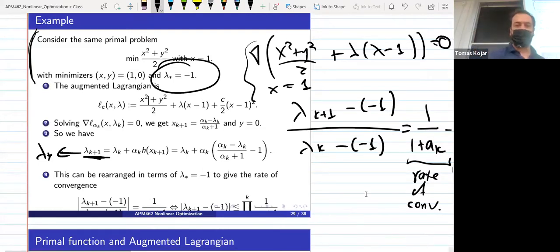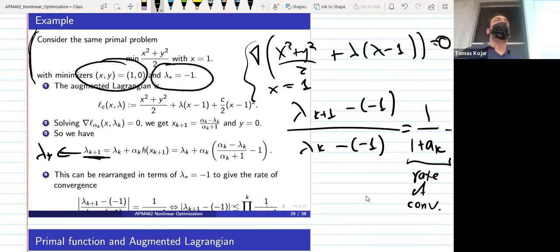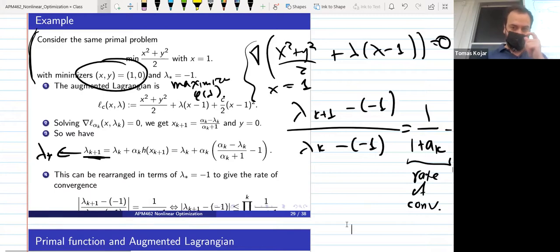All right, good. So again, this algorithm moves in two ways. It approximates the minimizer, and it also gives you the Lagrange multiplier. It gives you both. Okay? So it solves both the primal and the dual problem, because this guy is called the maximizer of phi of lambda. Okay? All right.